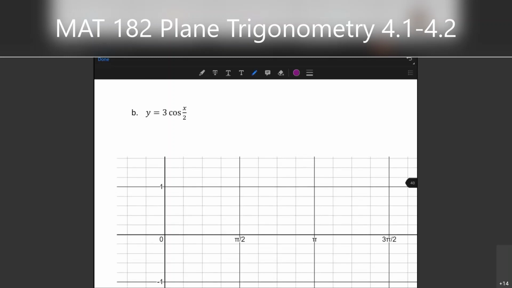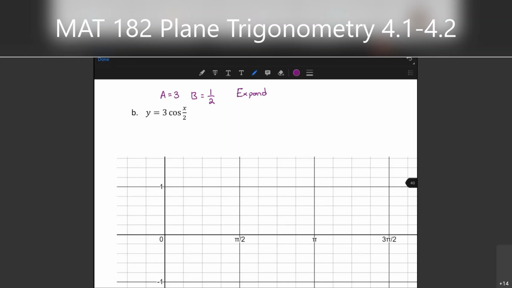So this would tell us that the amplitude is equal to 3. And we'll notice that the b value here, x over 2, would tell us the b value is 1/2. So in this case, we're going to actually expand because our b value is less than 1.